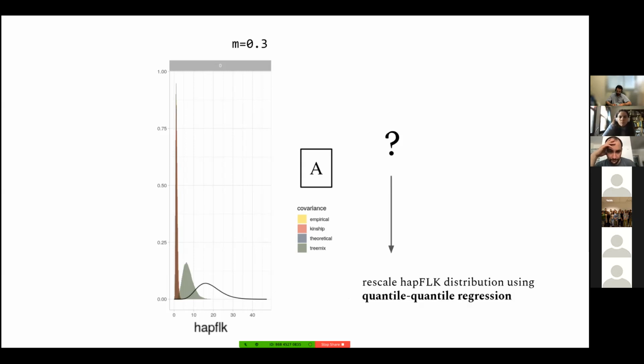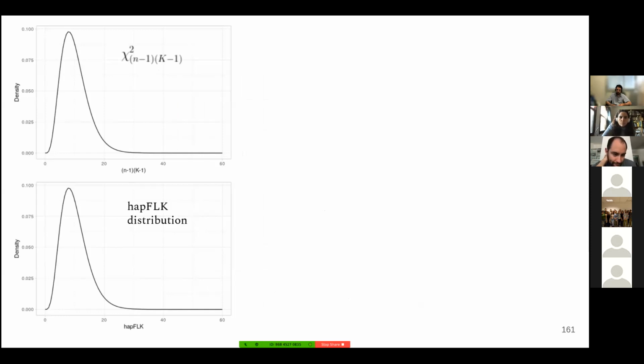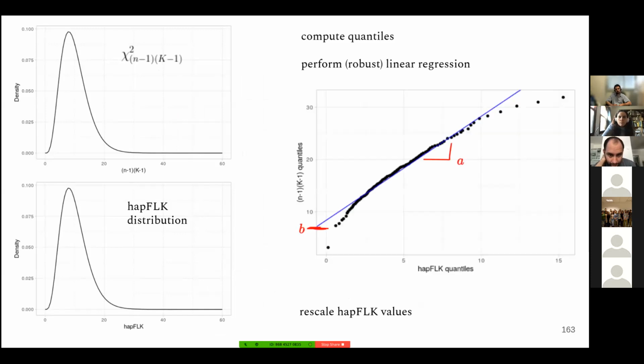One way is to perform a quantile regression and rescale the HFLK values that we produced. This is done by computing the quantiles of a theoretical distribution and the HFLK distribution and performing a robust linear regression of the theoretical quantiles onto the observed quantiles.